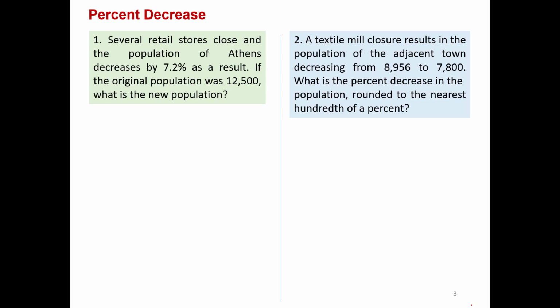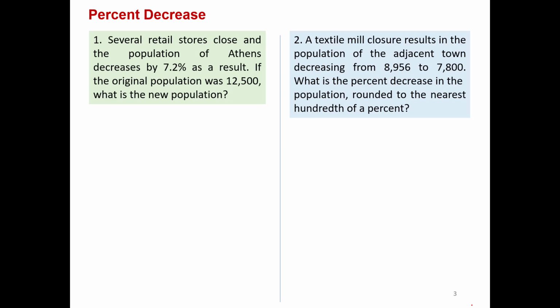And in this part, we will discuss the percent decrease examples. Let's start with the first. Several retail stores closed and the population of Athens decreased by 72% as a result.